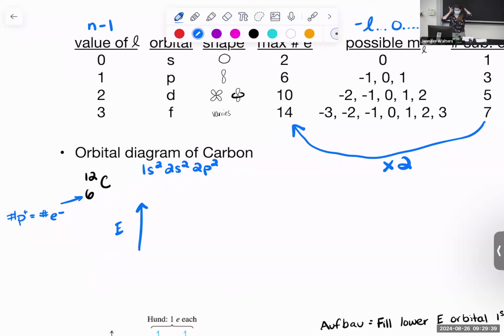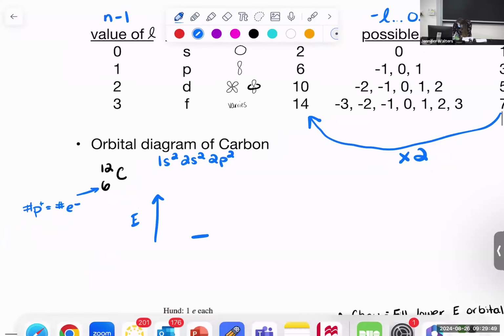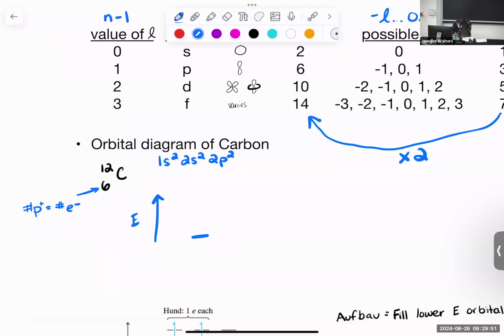So I knew there were 6 electrons, but I know that I need to draw in my 1s orbital, my 2s orbital, my 2p orbitals. 1s is going to be lowest in energy, followed by my 2s, and then my 2p. I get 3 lines or 3 boxes for the p orbitals because we said there were 3 suborbitals with them.